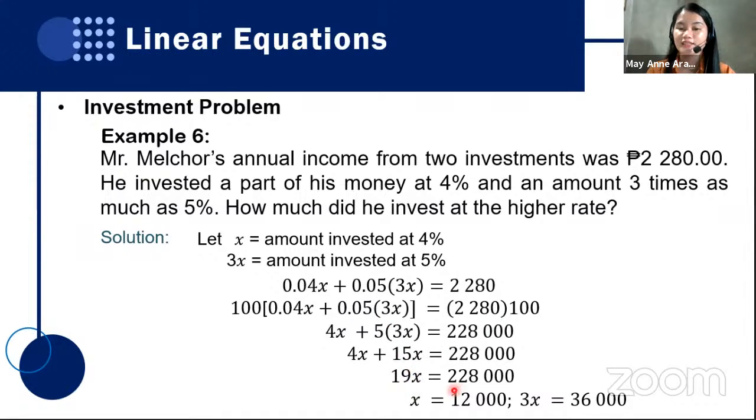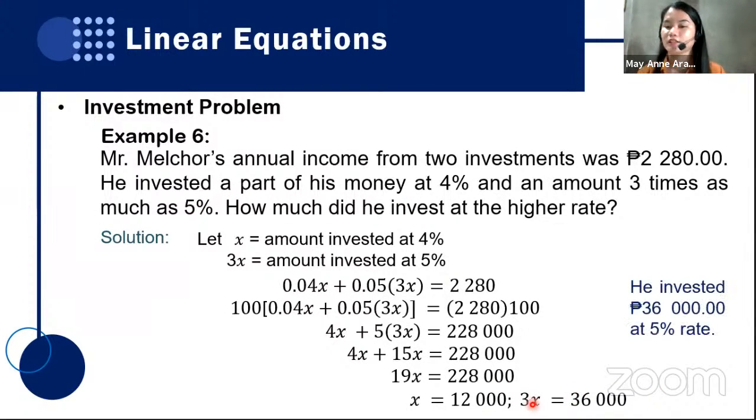So you have 19x is equal to 228,000. Divide both sides by 19. So you have x is equal to 12,000. Since we need to know the amount invested at the higher rate, which is 5%, so we need this value times 3, that is 36,000. So your answer will be 36,000 pesos. That is the amount invested at the 5% rate.